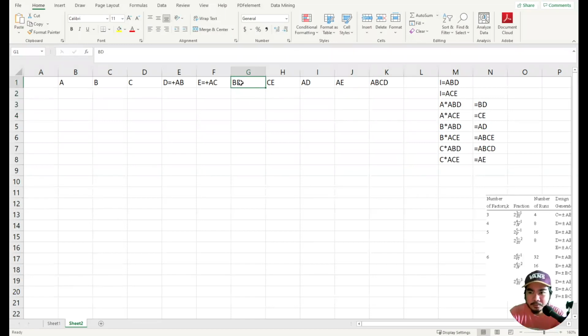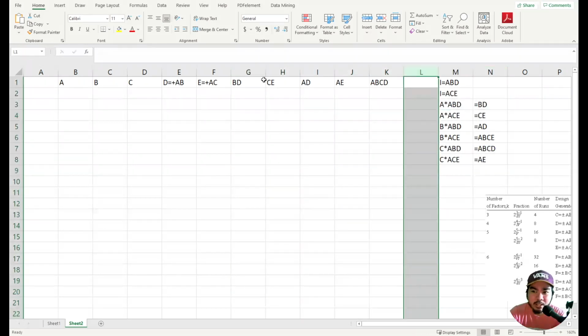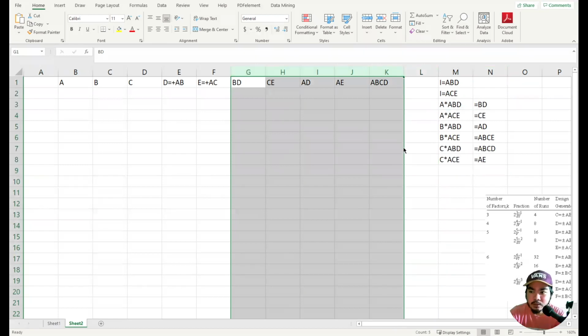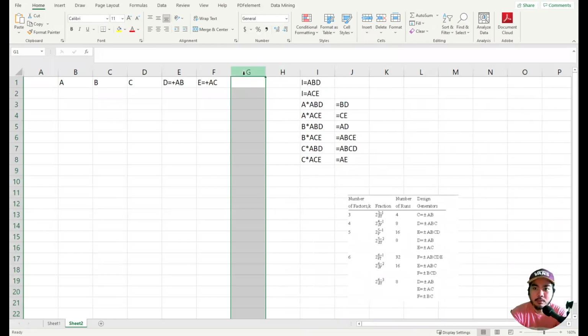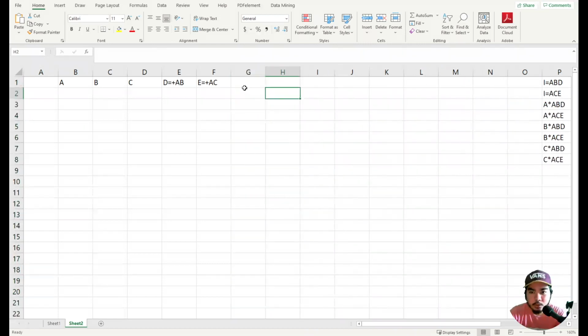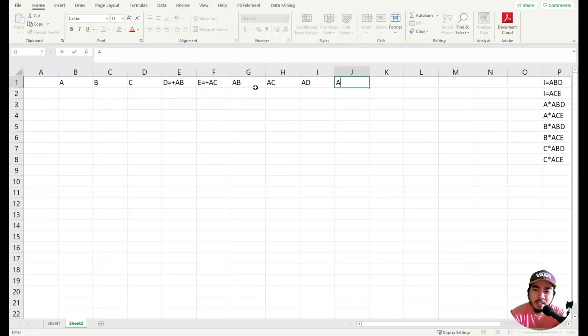So we have, pero in any case, ito yung mga alias natin. So meron tayong alias dito. So kailangan natin delete to no, delete. So we do sige para to be complete tayo no. So we do AB, AC, tapos may 3 pa. AD, and tell me if I'm missing something. AB, AC, AD, AE.